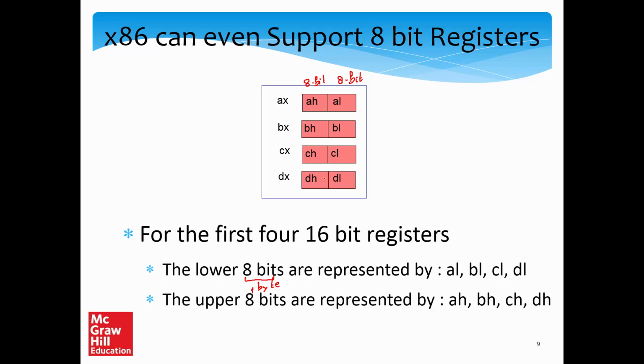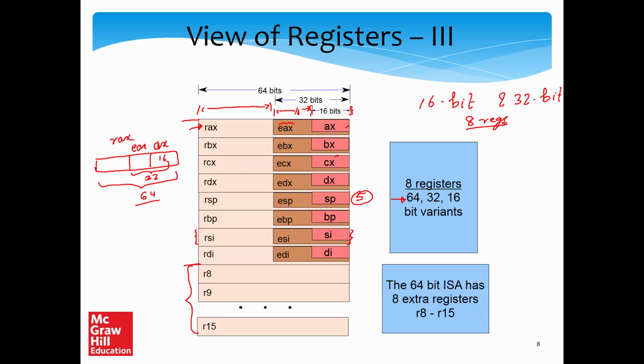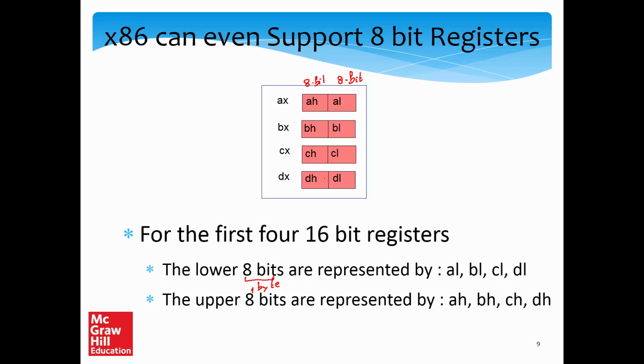It is exactly similar to this particular figure, where we take a register and divide it into several subfields and interpret the fields based on our instruction. We further divide the top 4 16-bit registers into 2 subfields each: AH and AL, BH and BL, CH and CL, and DH and DL.